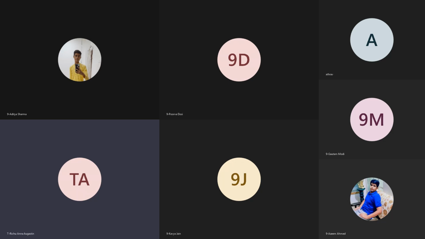Then page number 40. New varieties may be produced by cross-pollinating two different varieties of the same species or even two distinct species. So when we cross two different varieties from the same species or different species, we will get new varieties. Many new yields can be produced.